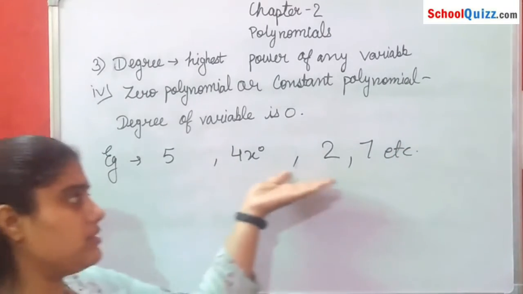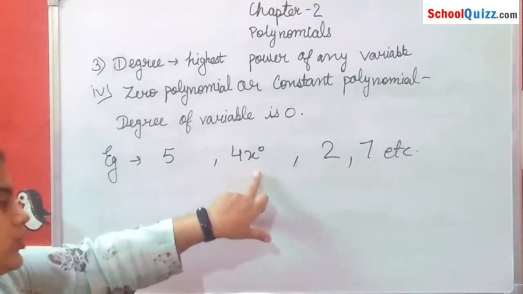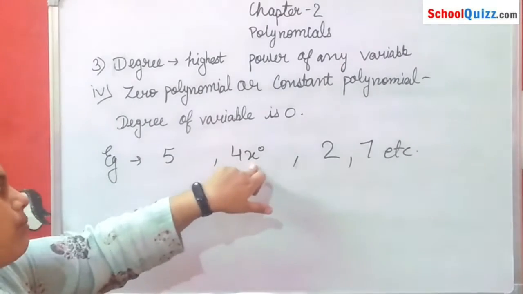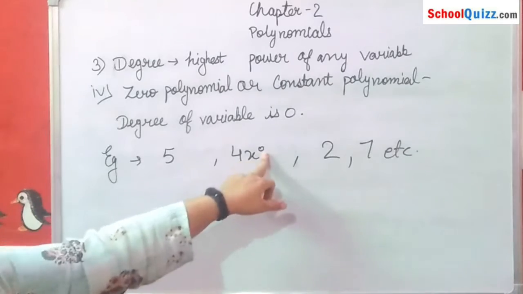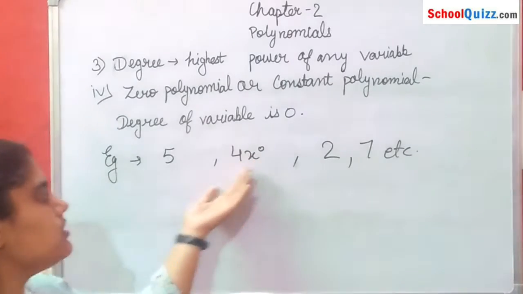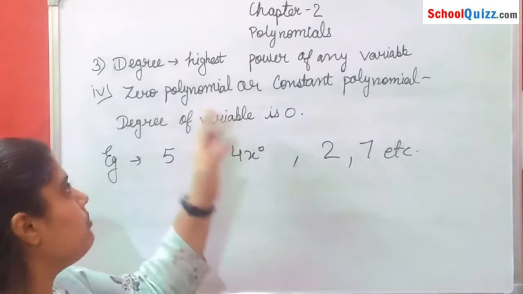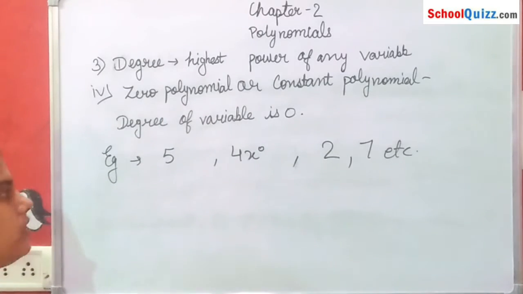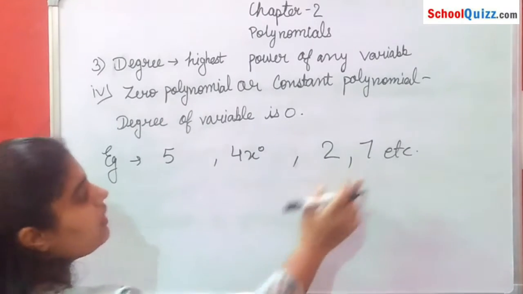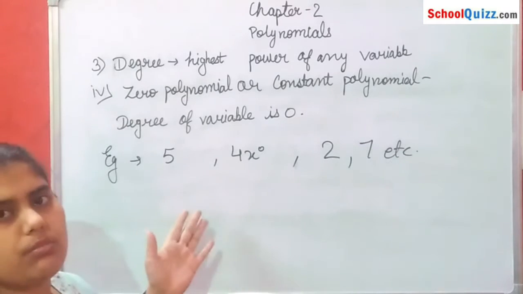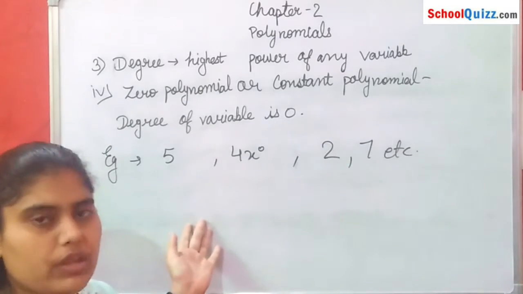In these types of examples, as I have shown in the second example, the power of x is 0, so the degree here is 0. These four examples are of type zero polynomial or constant polynomial, because there are no variables. If there are no variables, that means the power of the variable is 0.